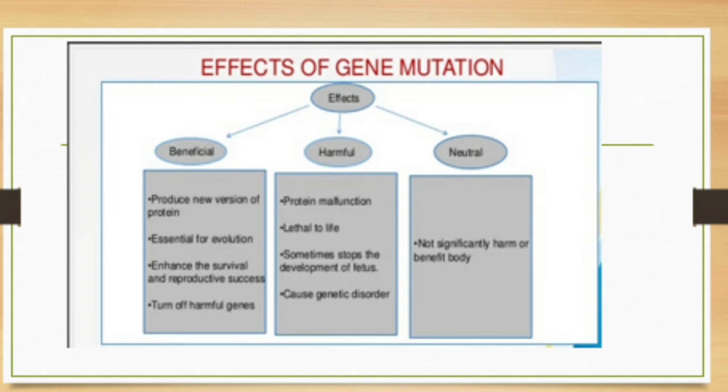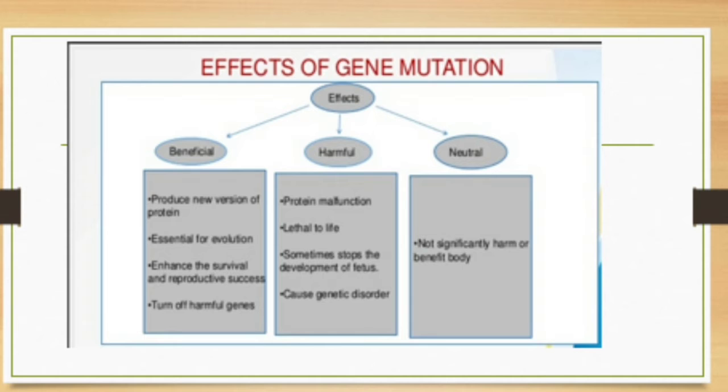Protein malfunction can be lethal to life, and it can lead to some genetic disorders. And another one is neutral. Neutral gene mutations neither harm nor benefit our body. So these are called neutral mutations.